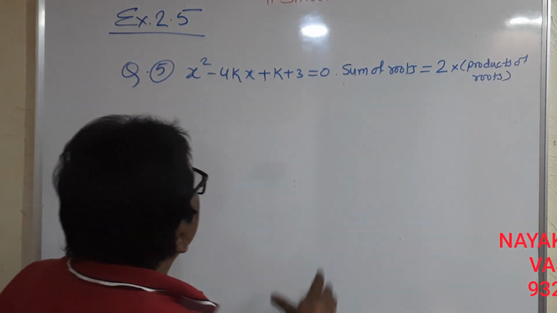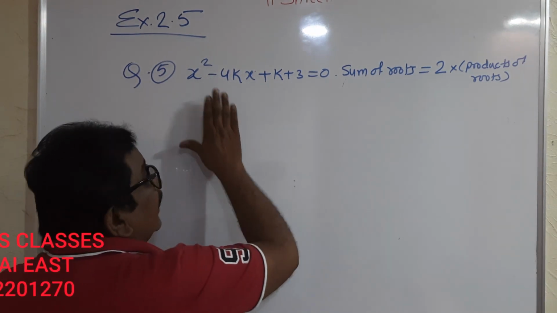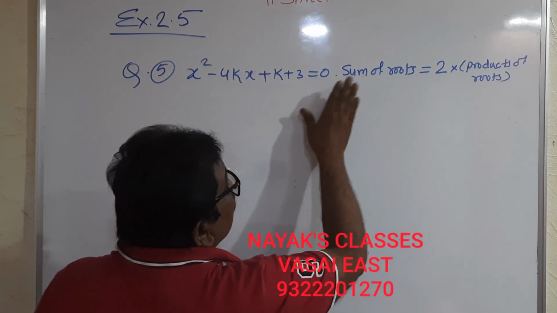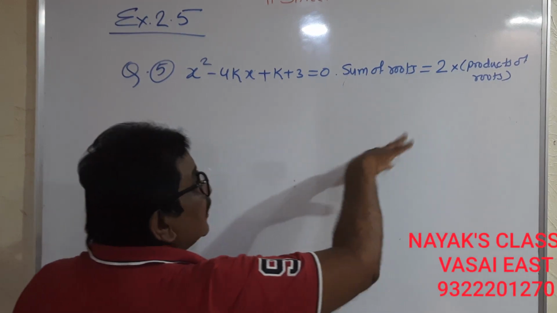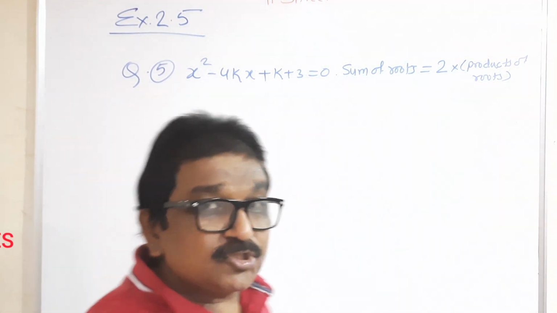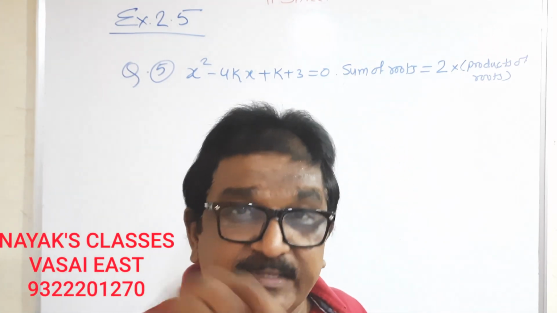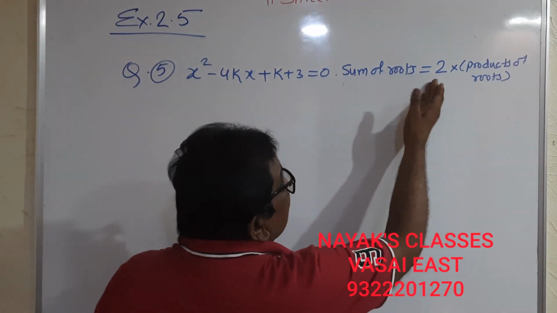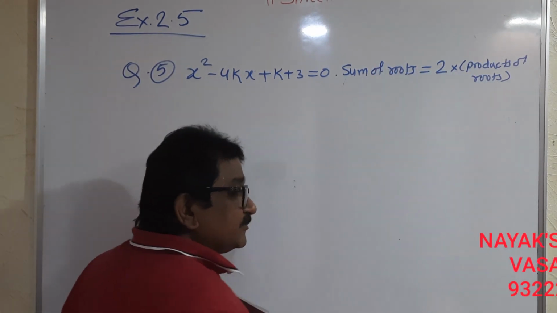This is the equation, and for this equation the sum of roots is double of their product. Very simple. Alpha plus beta is equal to 2 into alpha into beta.